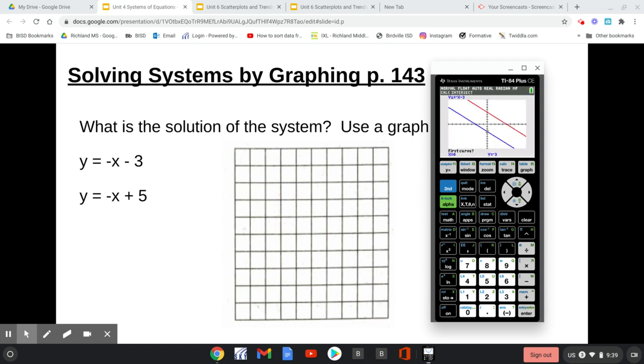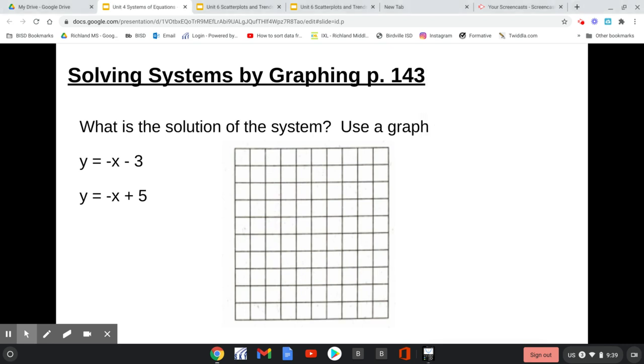And there's no solution we can see immediately. See, there's no solution because they are parallel lines. Okay, we're going to hit y equals or second quit. And let's go to the next page.